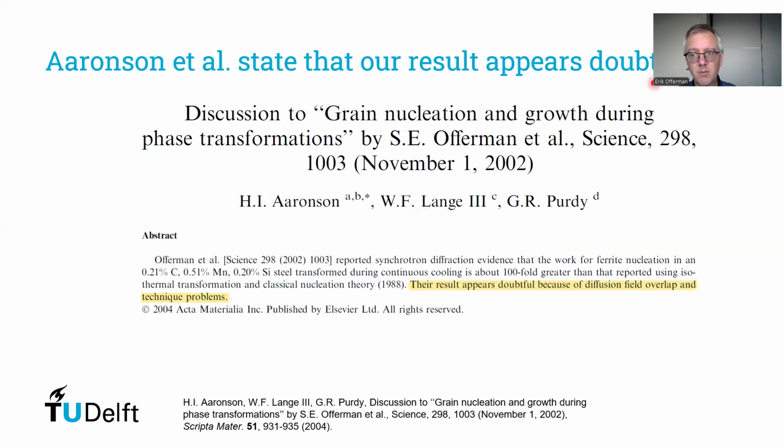Okay, then there was a statement by Aronson that our results appear doubtful. And yeah, I remember I was impressed by how well they understood how we performed these experiments without themselves doing the experiment.